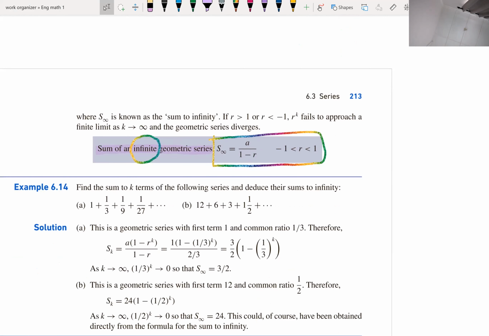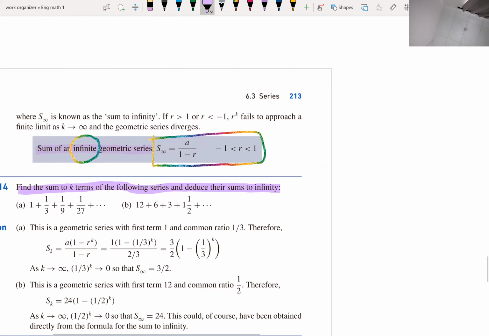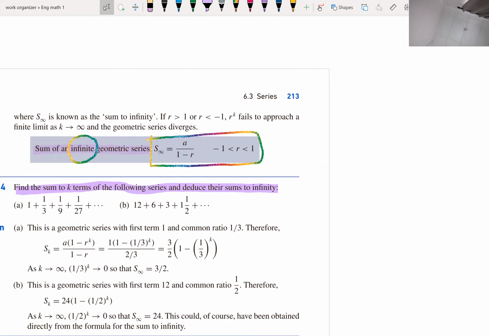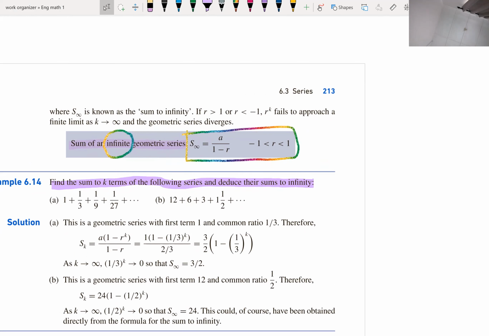The first one, for example 6.14e, the instruction is: find the sum of k terms of the following series and deduce the sum to infinity. Here we have to find S infinity. First identify: this one is geometric, isn't it?